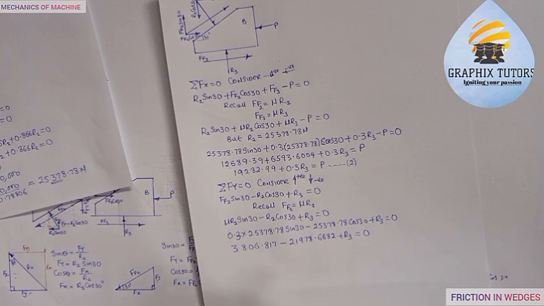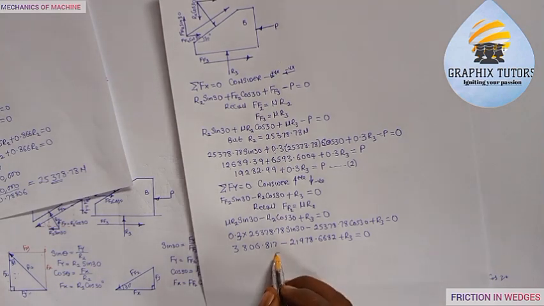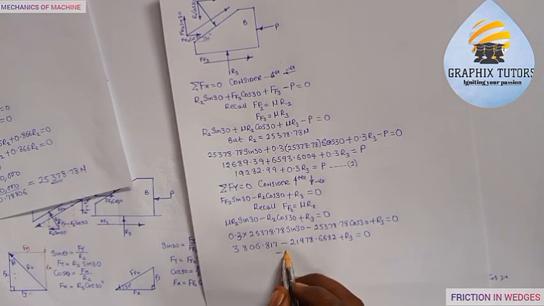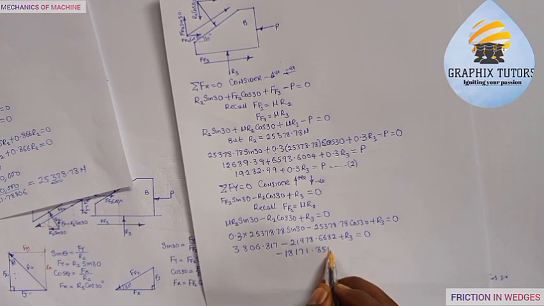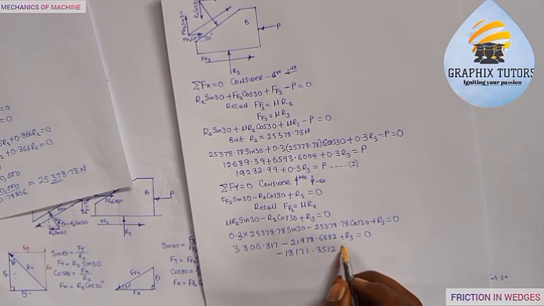plus R3 will now give us 0. So when you collect like terms, I'm going to be having this minus 3806.817, so I'm having minus 18171.8512 plus R3 equals to 0.